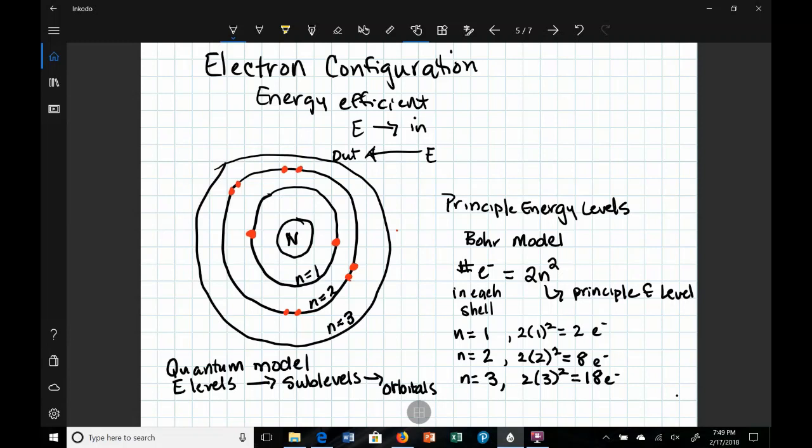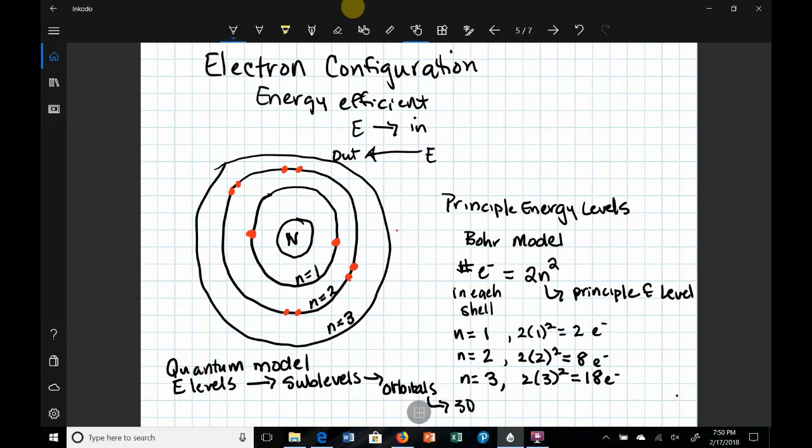And this is a simplified version of the quantum model, but we'll take a closer look at each of these. Now, mind you, the electrons will be found within the orbitals, which is a probability in space where electrons would be located.